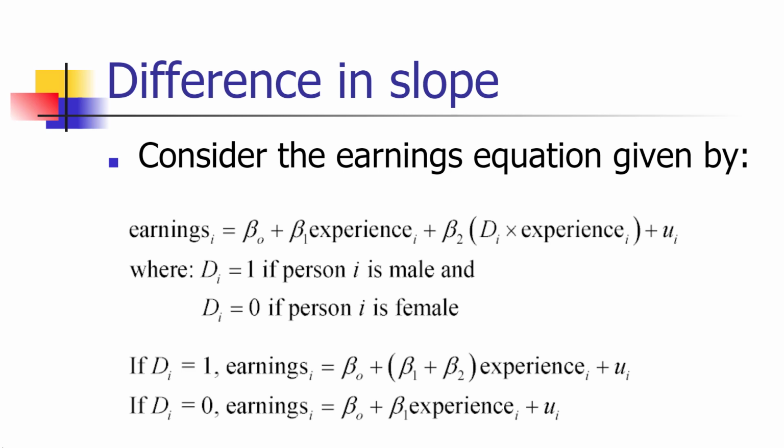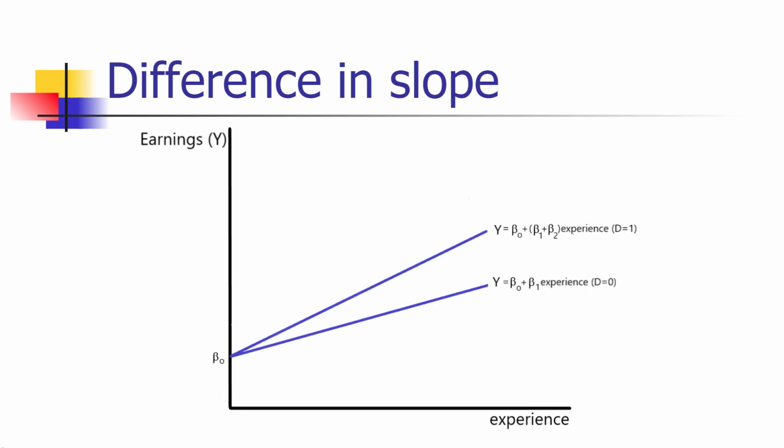In particular, beta 2 would be a measure of the difference in slope that occurs when the person is male. And again, to test for a significant difference in the slope, all we would need to do is perform a t-test on the parameter beta 2. Here's a diagram illustrating the difference. Under this specification, we're assuming the intercept is beta 0 for both, and what we're doing is testing for the slope difference.